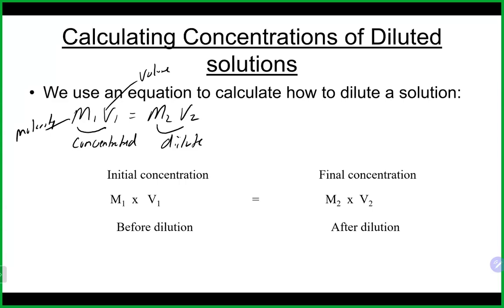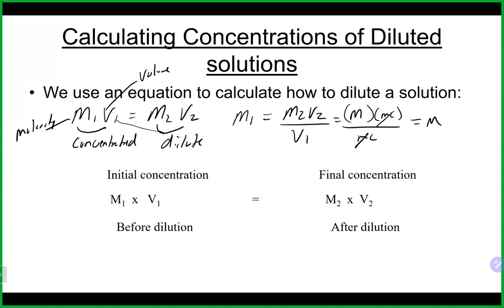And the reason for that is, for example, if I solve for M1, that would be M2 V2 divided by V1, basically bringing this guy down to the other side. And what that means is if this was molarity and I left this in milliliters and I left the bottom in milliliters, the milliliters are going to cancel out and I will be back to molarity. So everything's all good.